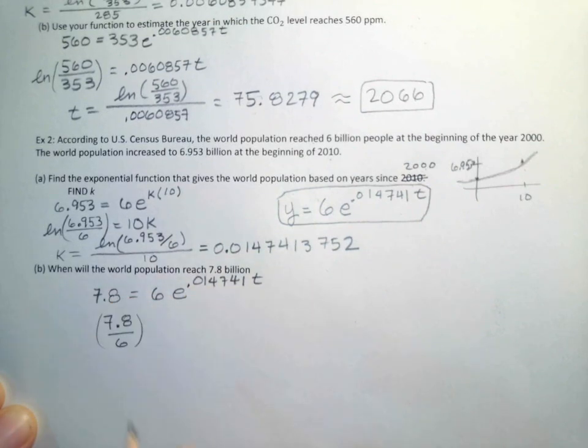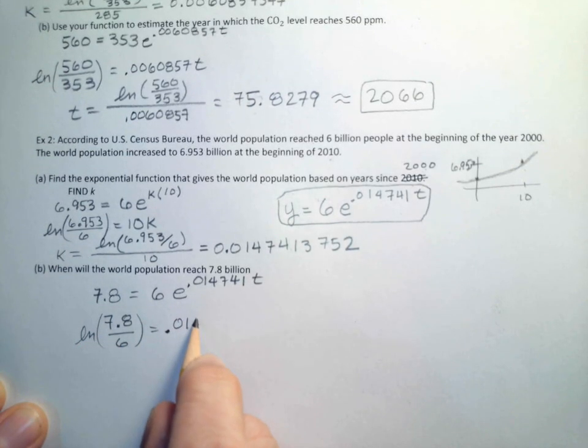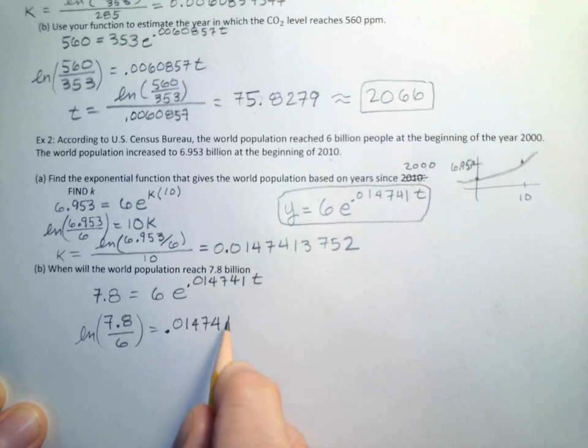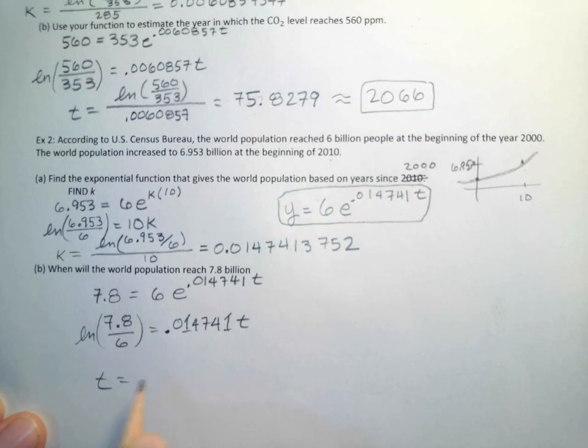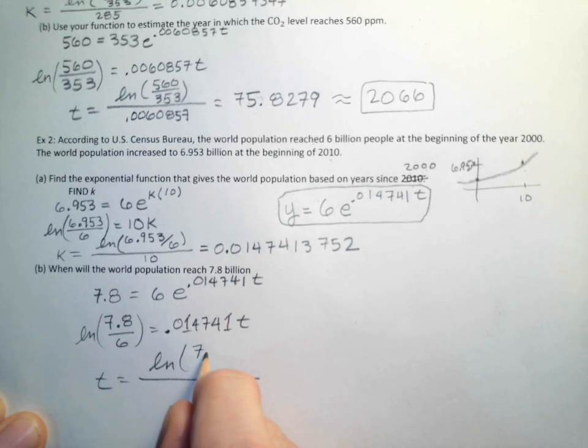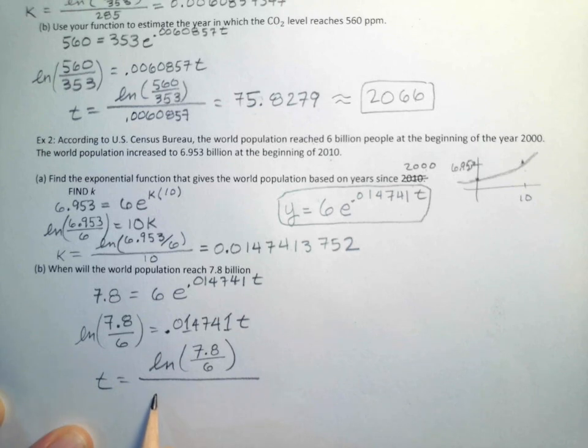I'm going to take the log of both sides. I'm going to use the natural log because we have e. So that's 0.014741 t, natural log of e, which we can forget, and then simply divide. So we get natural log 7.8 over 6 divided by the k.